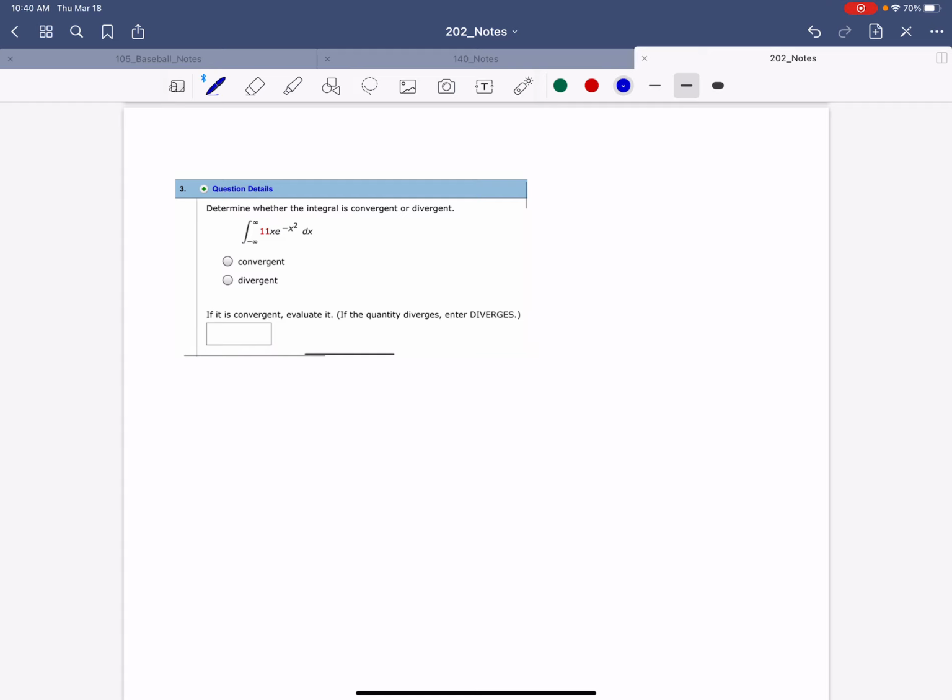So this one, I hope you could look at it and see we've got a negative x squared in the exponent and an x in the base. So maybe a u sub is in the mix here. Now with u sub, it's often easiest to just ignore the bounds.